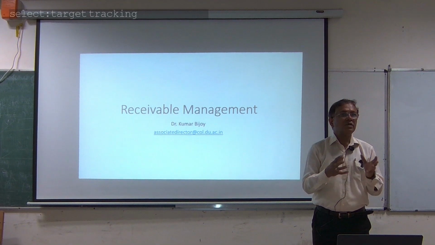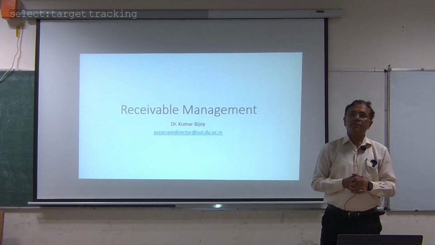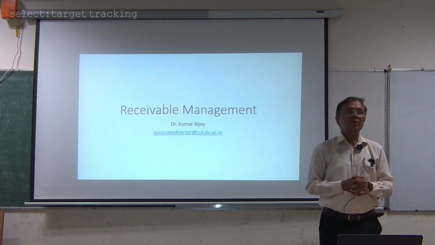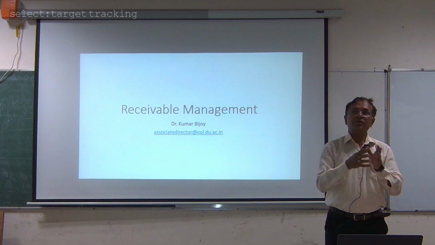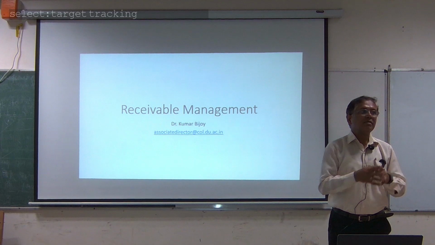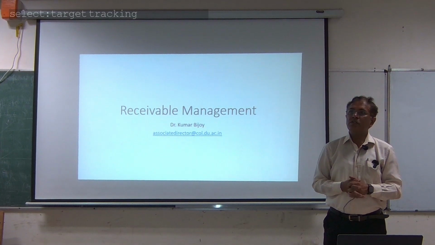You must have heard the word debtors. But especially from a financial angle, this is more a credit extension. We talk credit, because when you say receivables, debtors, or bills receivable, these are all accounting terms. In finance, we are concerned with the credit.